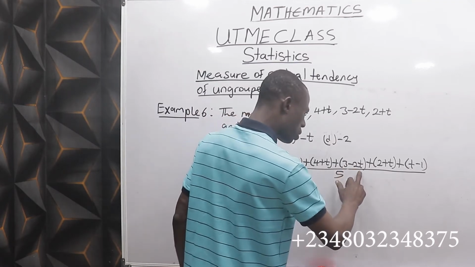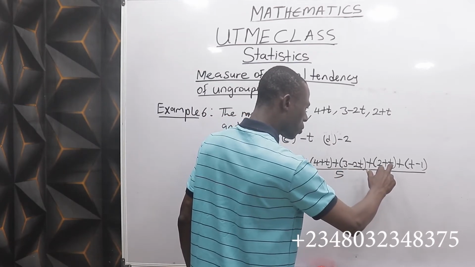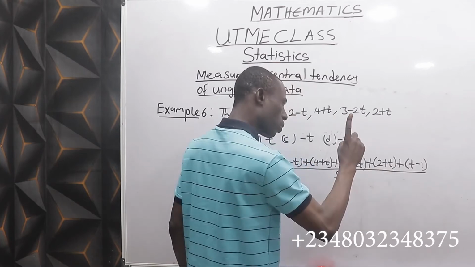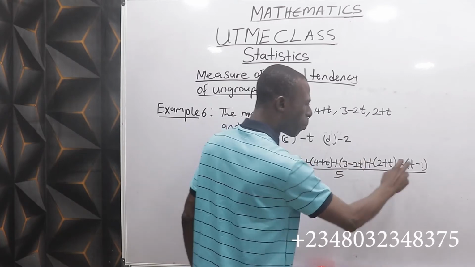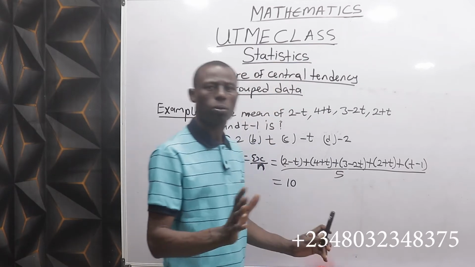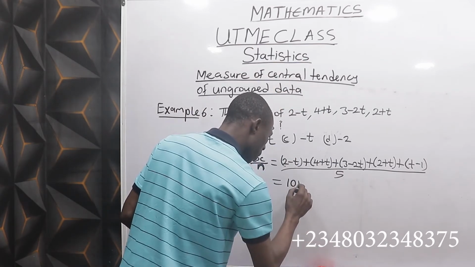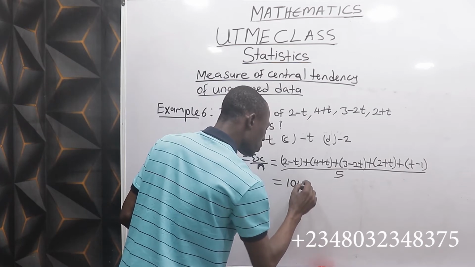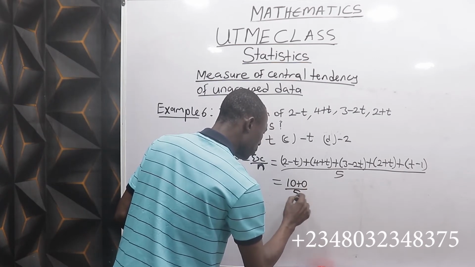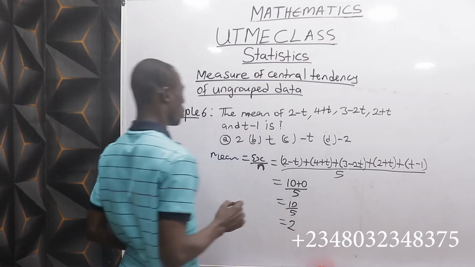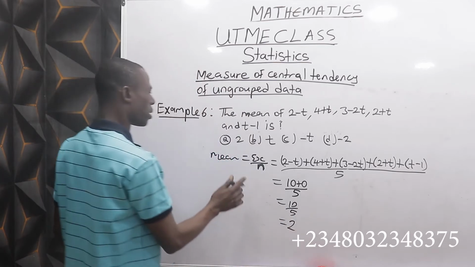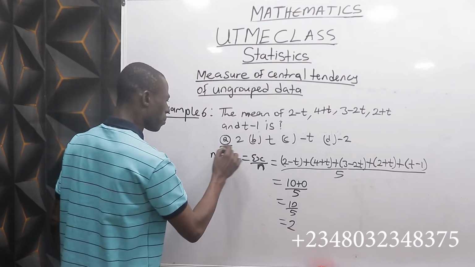Negative 2t plus t, that is negative t. Negative t plus t, that is 0. So we have resolved everything up there. That's plus 0 divided by 5. Answer is 2. The mean is 2. The correct option is option A.